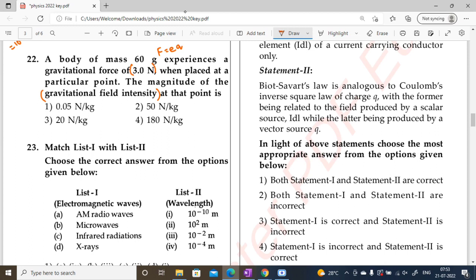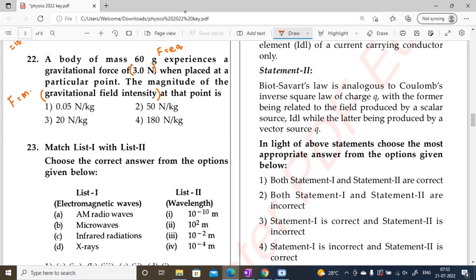We know that these forces are analogous to each other. So when I compare with the gravitational force, I write the same relation, F equals Q, where Q is the charge. A charge equivalent in terms of gravitation is actually mass. So mass is equivalent to charge here.